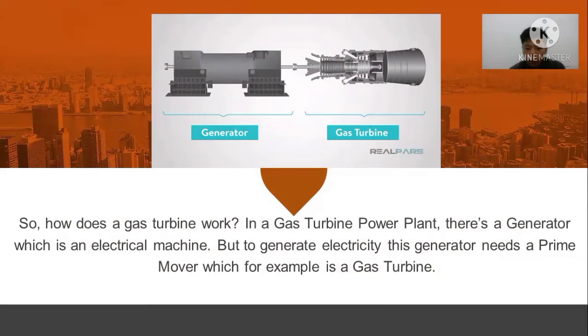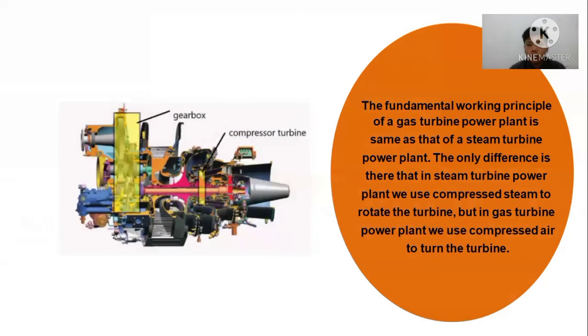In gas turbine power plant, we use high pressure and temperature air instead of high pressure and temperature steam to rotate the turbine. Okay, next, the fundamental working principle.